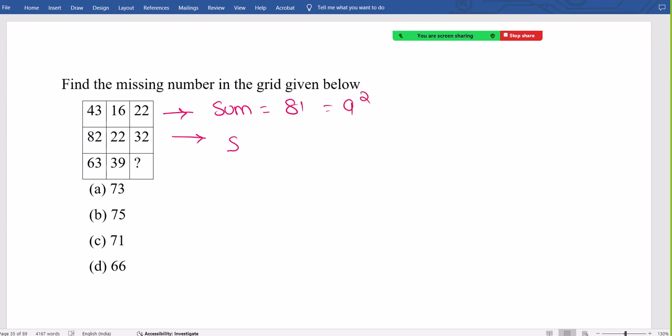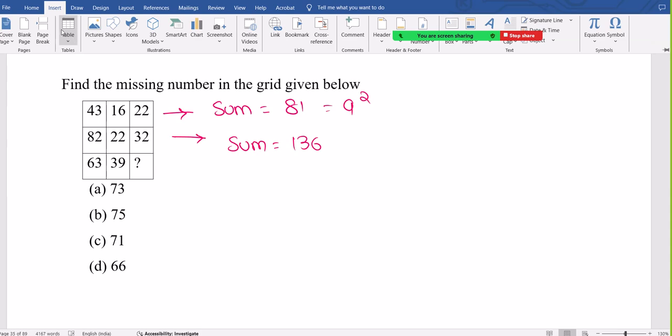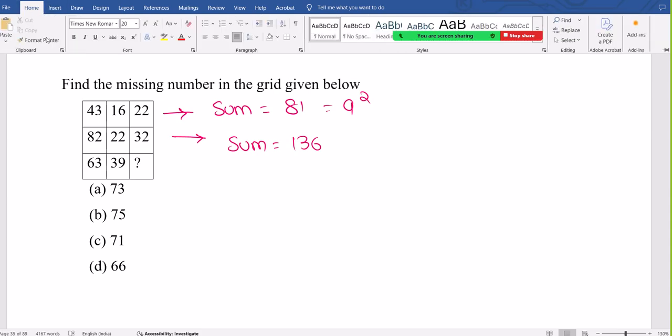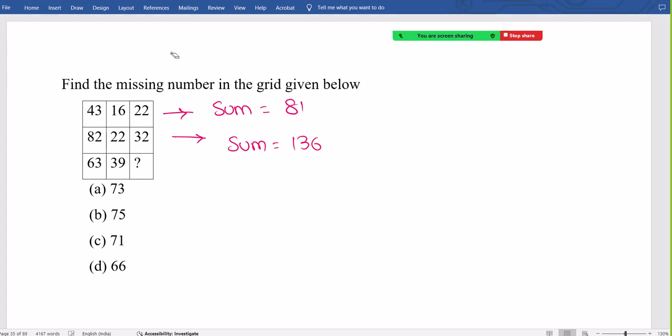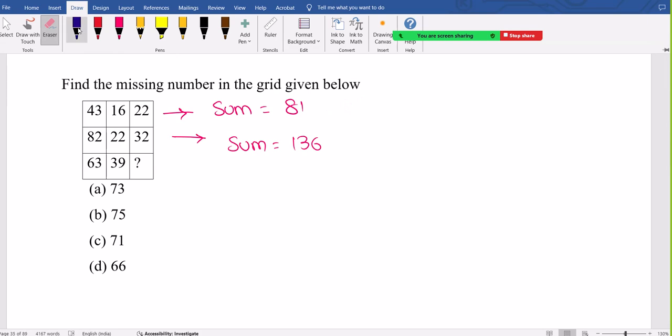Then what about this summation? 104 and 32, 134. 136, right? So fine. It's not a perfect square now, so we have to be clear. Okay, it's not regarding perfect square. Fine, so it's not working in this way.